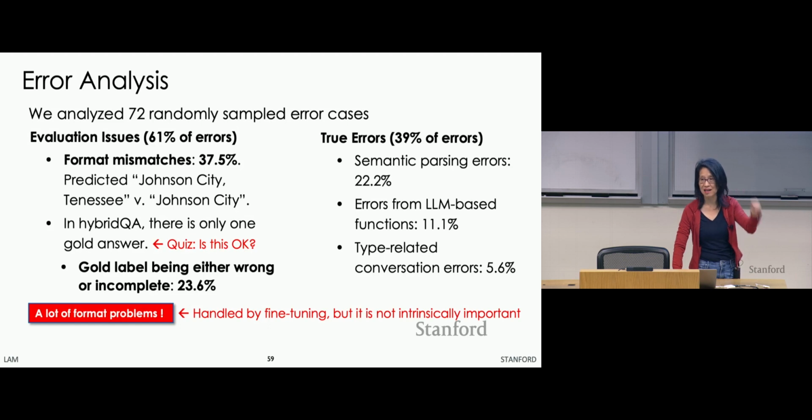They are better at guessing the format, putting the answers in the format that they want. But I would say that it is not intrinsically important, because the humans look at it and you just tell me it is Tennessee. That's perfectly good. So in other words, I actually don't think that we are worse than them. Okay, they match the gold better, but we know that they're 40%.